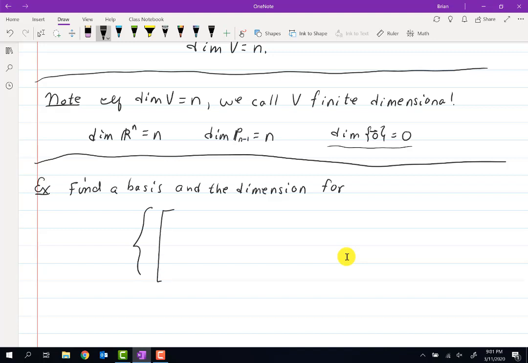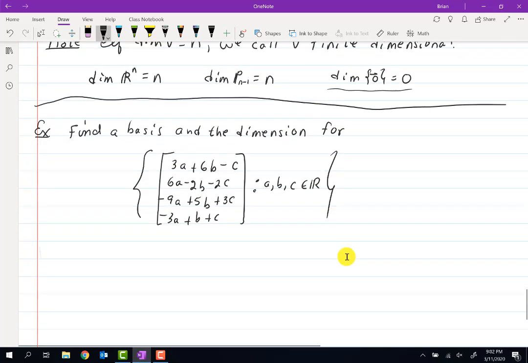It looks like 3a plus 6b minus c. Then we have 6a minus 2b minus 2c. We have negative 9a plus 5b plus 3c. And then we have negative 3a plus b plus c. And this is where a, b, and c are real numbers. So I want to find a basis and the dimension for that.